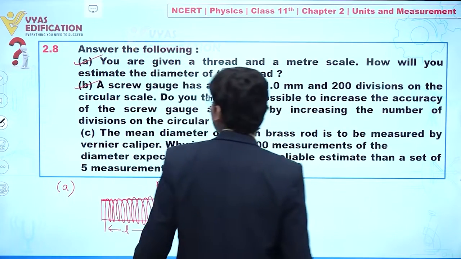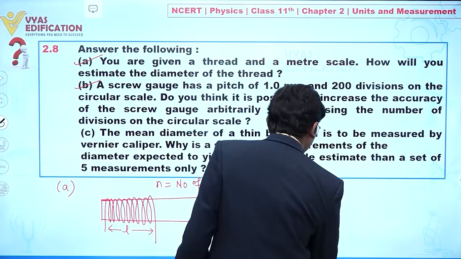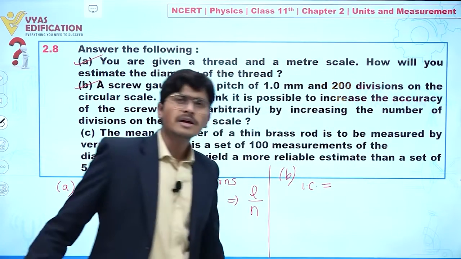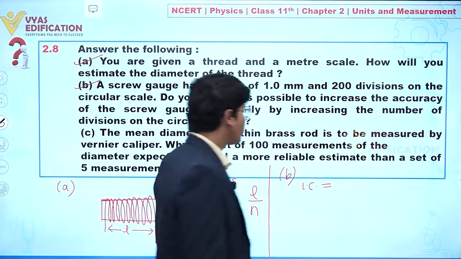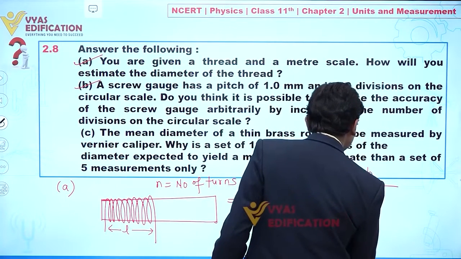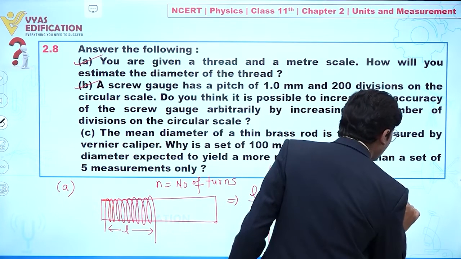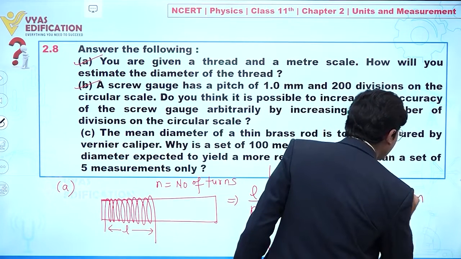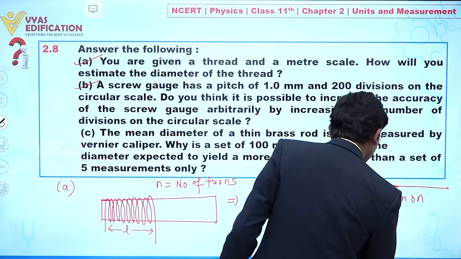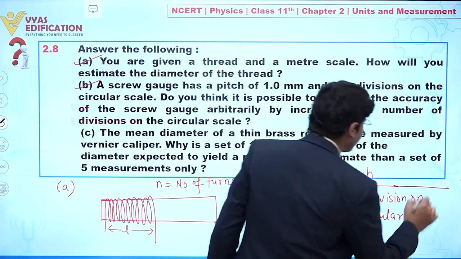So now you can see we can find the least count of a screw gauge. This is given by pitch upon the number of divisions on the circular scale.